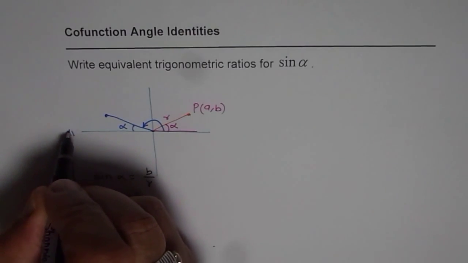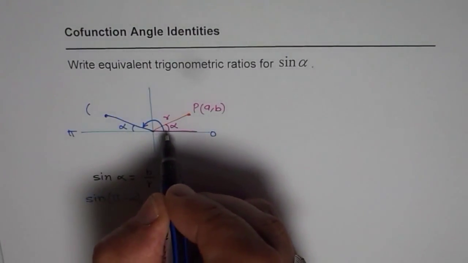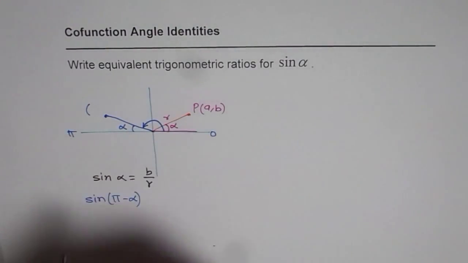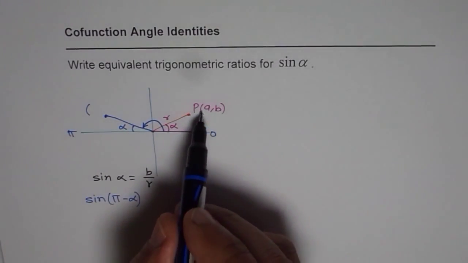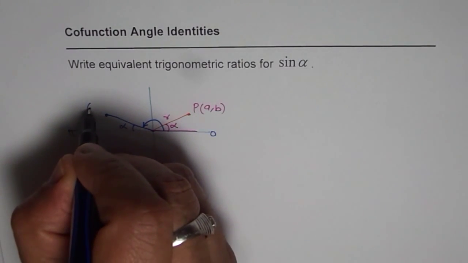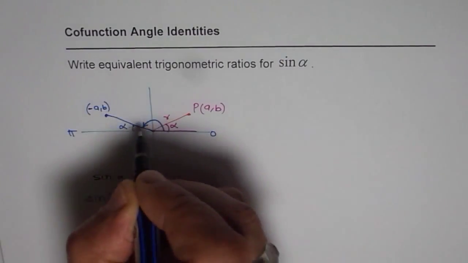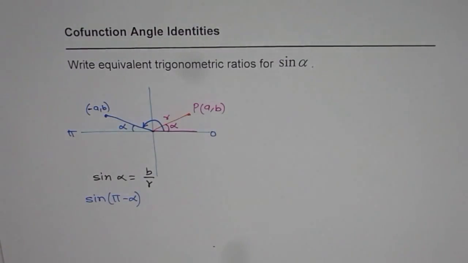So this is pi for us, this is 0 position. Now you will see once you do this counterclockwise rotation, the point A and B will actually become minus A, because x is negative, minus A and B, right? And R will always be positive and will remain as R, correct?